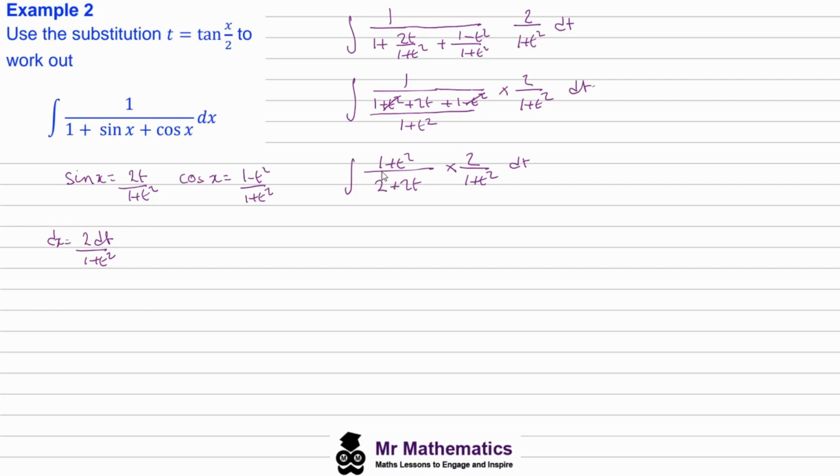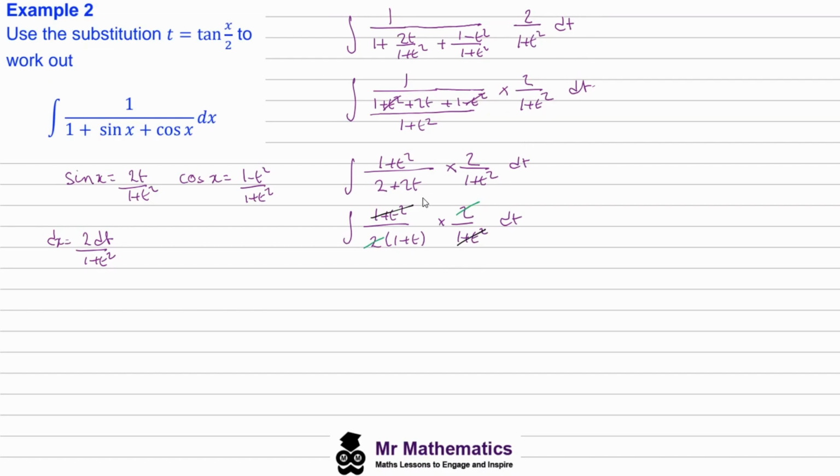We can simplify this fraction further by factoring out the 2. So we've got the integral of 1 plus t squared over 2 lots of 1 plus t multiplied by 2 over 1 plus t squared dt. And then we can see this 2 will cancel with this 2 and this 1 plus t squared will cancel with this one.